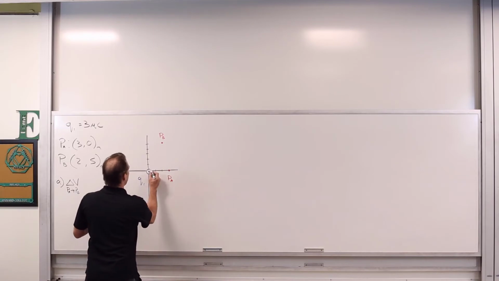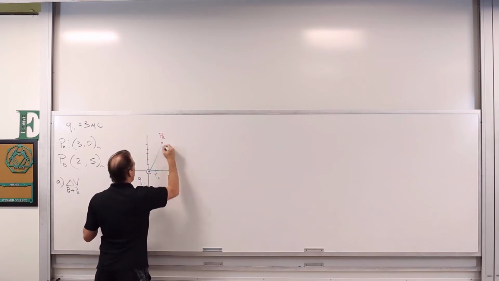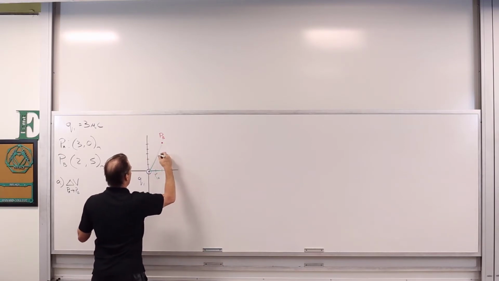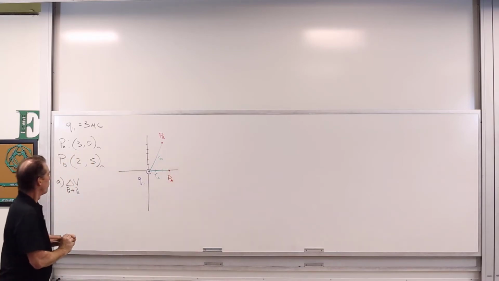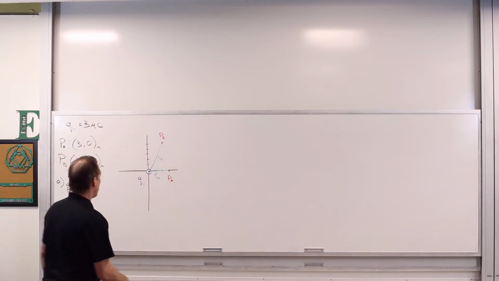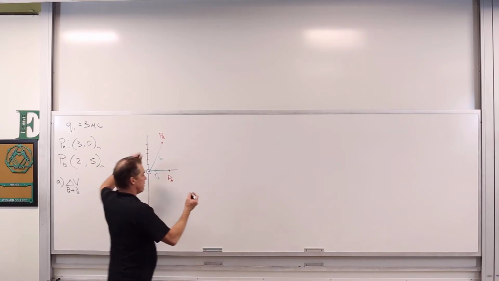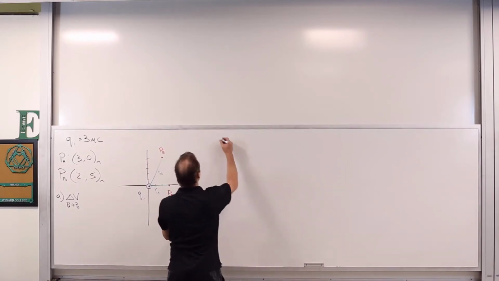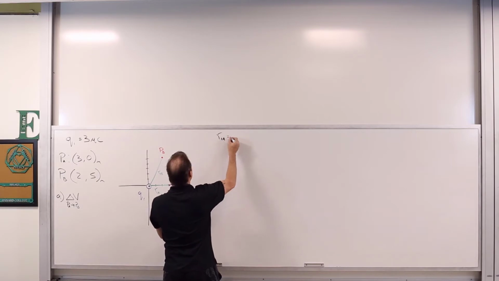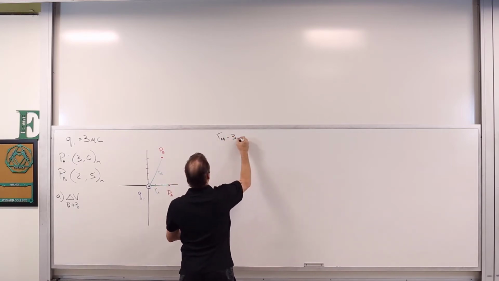So we've got some R1A and some R1B. We'll call it the radial distance away. That's all that we need to know. So how are we going to get those radial distances away? Well, R1A is just going to be equal to 3 meters.